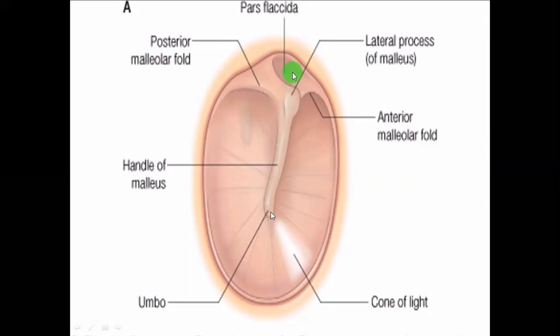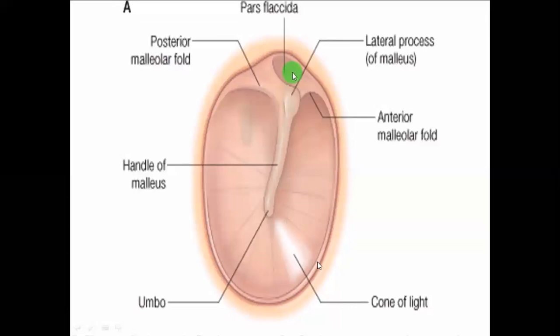The most convex part on the inner side of the tympanic membrane is the tip of the malleus, which is called the umbo. When you put a light over the tympanic membrane, a cone of light is produced inferiorly over the tympanic membrane.